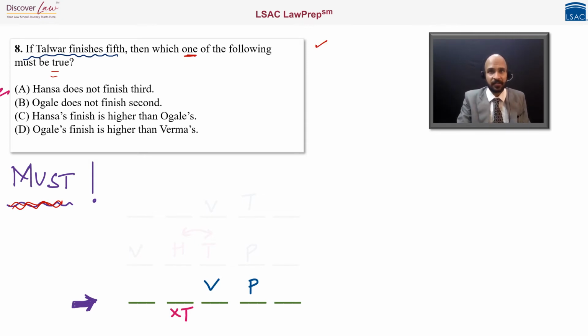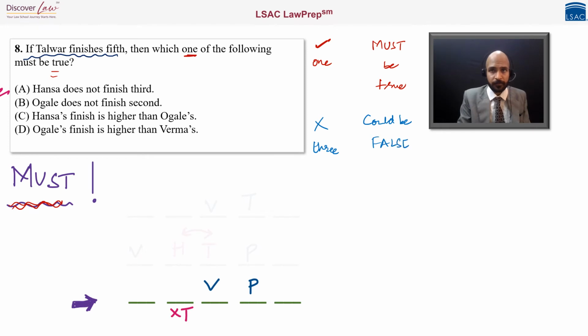Which means the correct answer, one of them, is the one that must be true. Now, what can you say about the other 3 options that are wrong? We know that 1 is right and the other 3 are wrong. What can you say about these? What you can say is that the other 3 could be false.